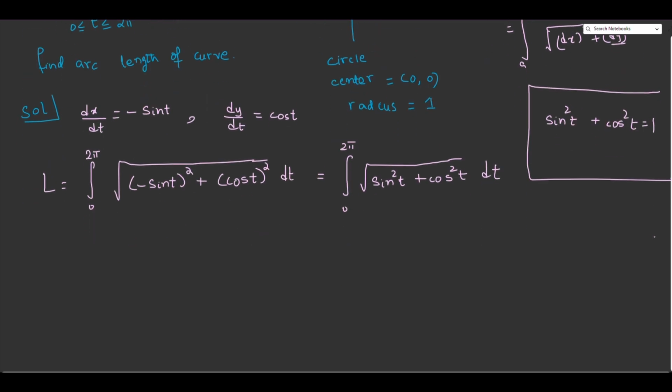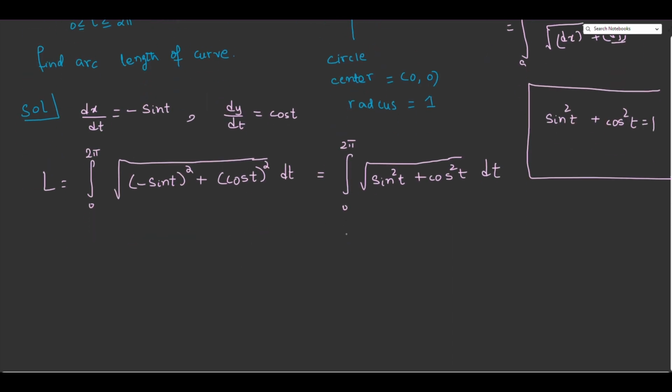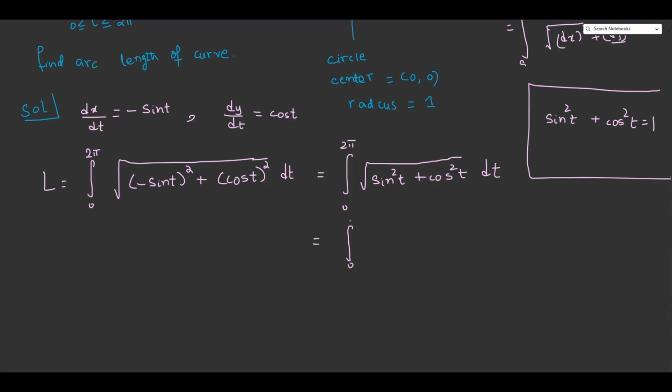So if we use this, it will become integral from 0 to 2 pi under the root 1 dt, which is equal to integral from 0 to 2 pi dt, and the answer is equal to 2 pi. So this is the arc length.